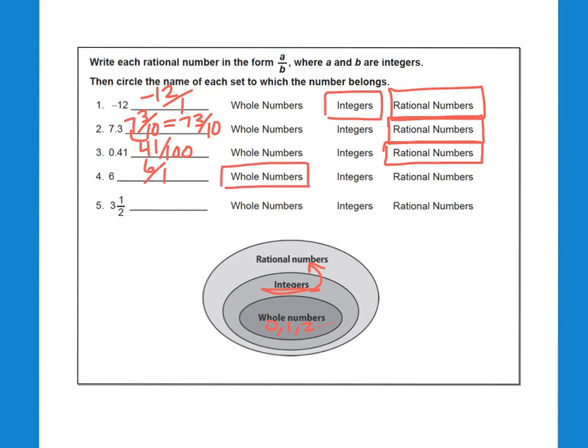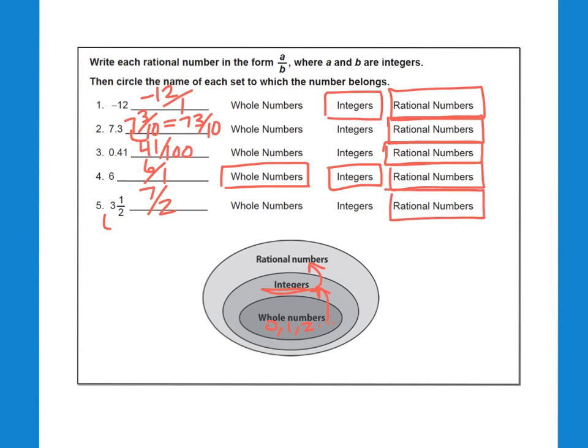Remember, if it's a whole number, it's also going to be an integer and a rational because we wrote it as a fraction. And the last one, number 5, I can write that as a fraction. 3 times 2 is 6, plus 1 would be 7 halves, 7 over 2. It is not whole. It is not an integer. It is only a rational.